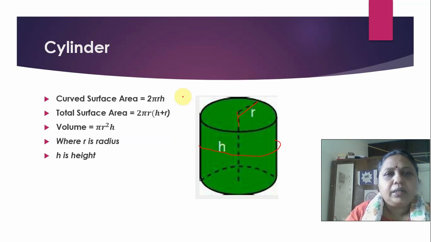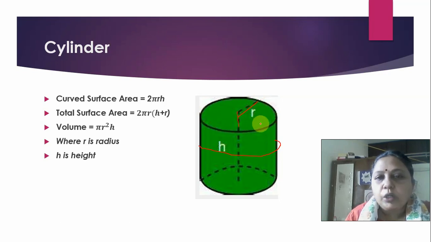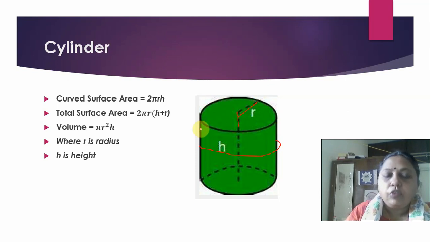Now what is a cylinder? A cylinder has a circular face on the top and a circular face at the bottom. The full structure of a cylinder is nothing but layers of circular planes.